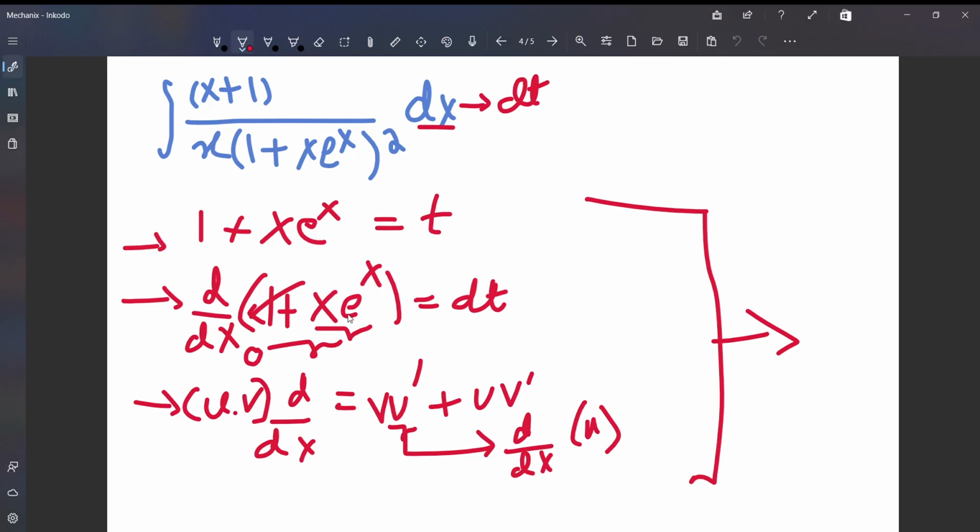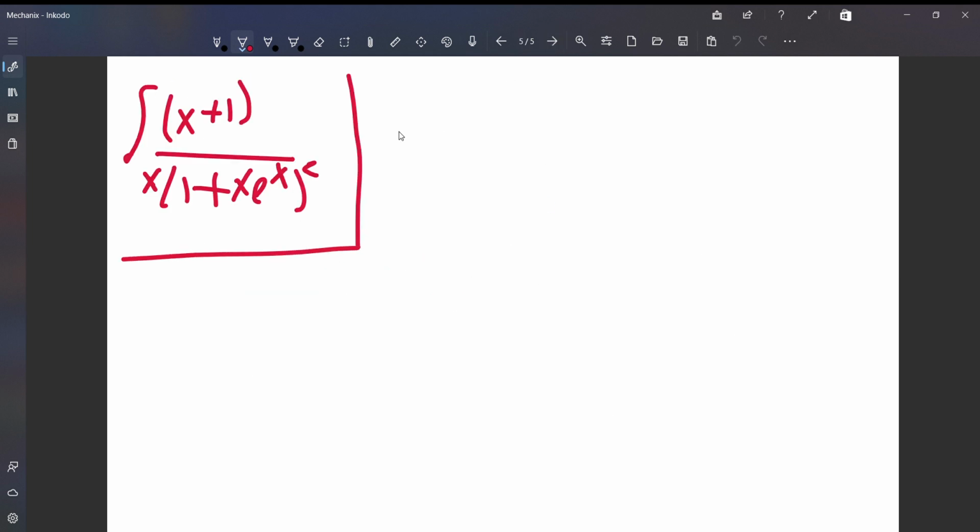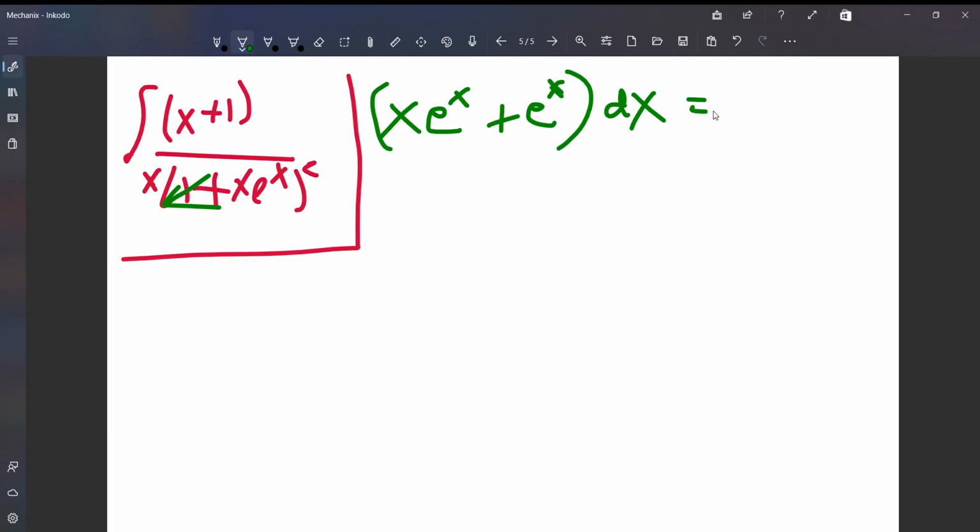So using the UV rule for x e power x, we get d by dx of 1 is 0, and x into derivative of e power x is e power x, plus e power x into derivative of x is 1, whole dx is equal to dt.